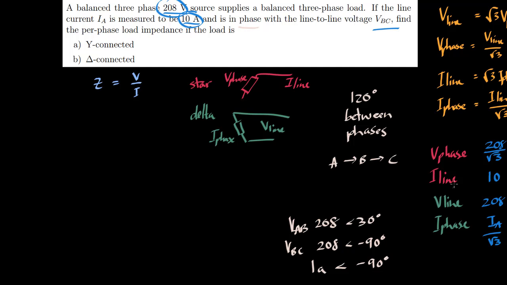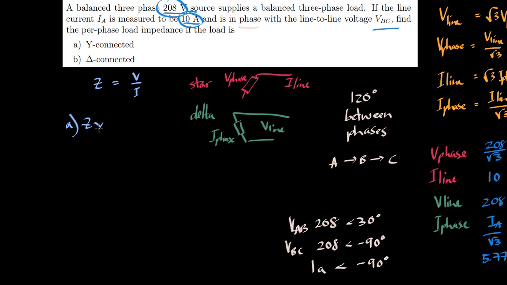Inputting our value for our line current, now that we have all our parameters, we can plug them into our formula to find the per-phase load impedances.